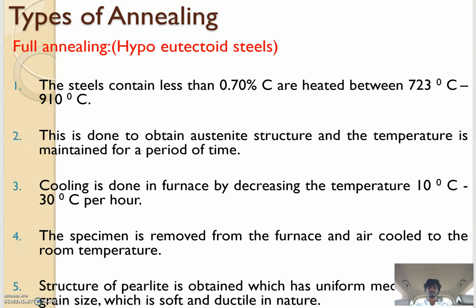Cooling is done in the furnace by decreasing the temperature 10 to 30 degrees centigrade per hour. The specimen is removed from the furnace and air cooled to room temperature. Structure of pearlite is obtained which has uniform medium coarse grain size, which is soft and ductile in nature.